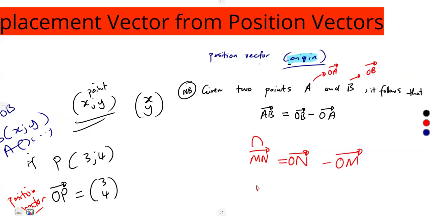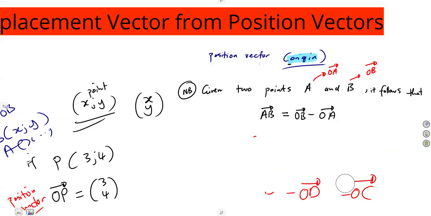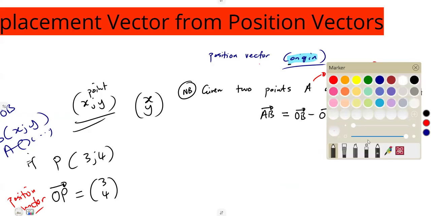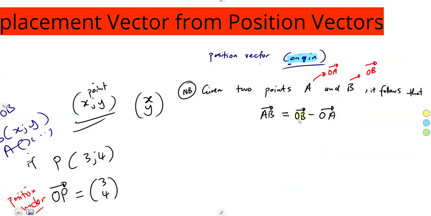If we are given any pair C, D like this, it's going to be D minus C, which is OD minus OC. Just like that, you have got your vectors. That is the concept that you're going to use when you are given points. You turn them into position vectors in order for you to find a displacement vector.